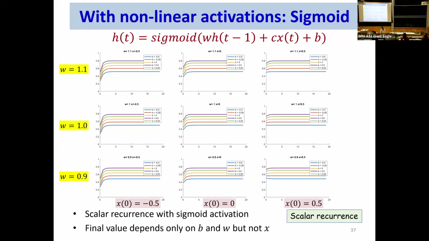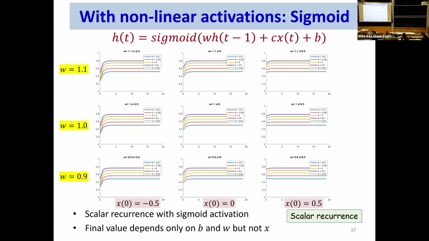Okay? Now, for memory behavior, what we are interested in is what happens after several time steps. And the x-axis within each plot shows time. And what do we see? In every case, after about 10 time steps, the plot is identical, right? So is there any information about x remaining?